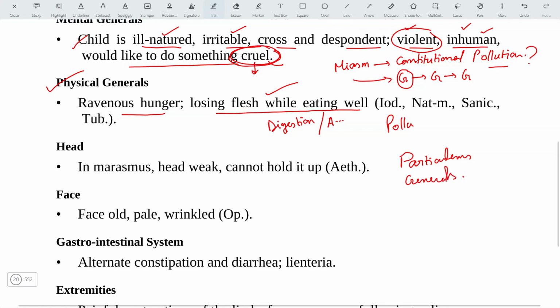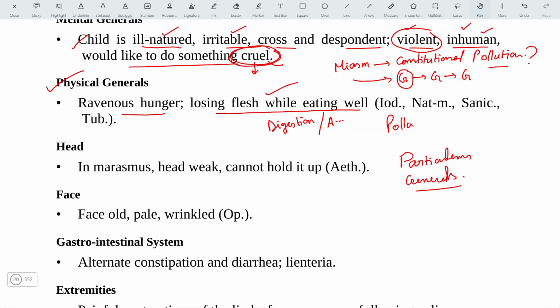What is the meaning of this? Particulars are those symptoms where the patient comes to you and says, doctor, I have this or that. But the generals are those symptoms where you have to find out the essence of that particular.